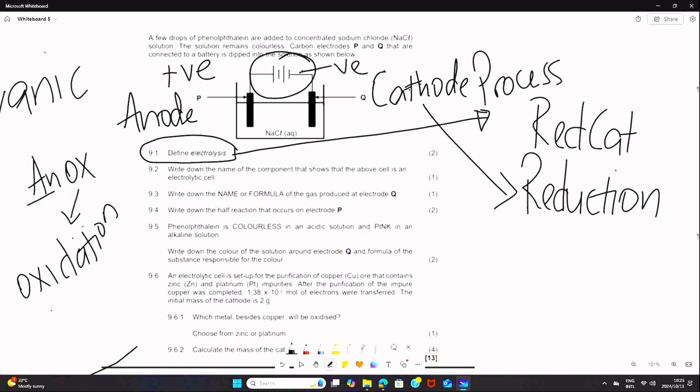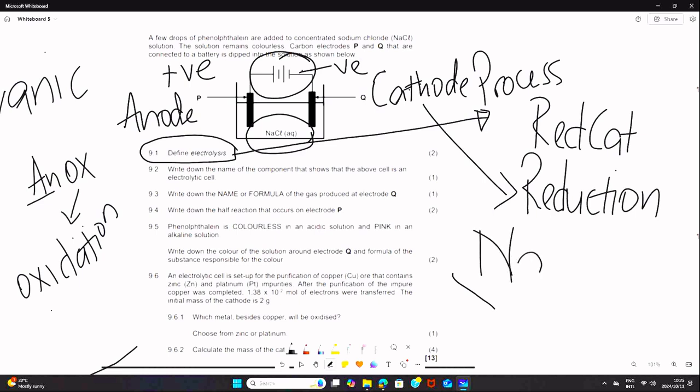Now, another thing that you have in this cell: the examiner has given us sodium chloride. I know it becomes tricky sometimes because you don't know what will be reacting with what. You have to break down your electrolyte, because this is going to be a solution.